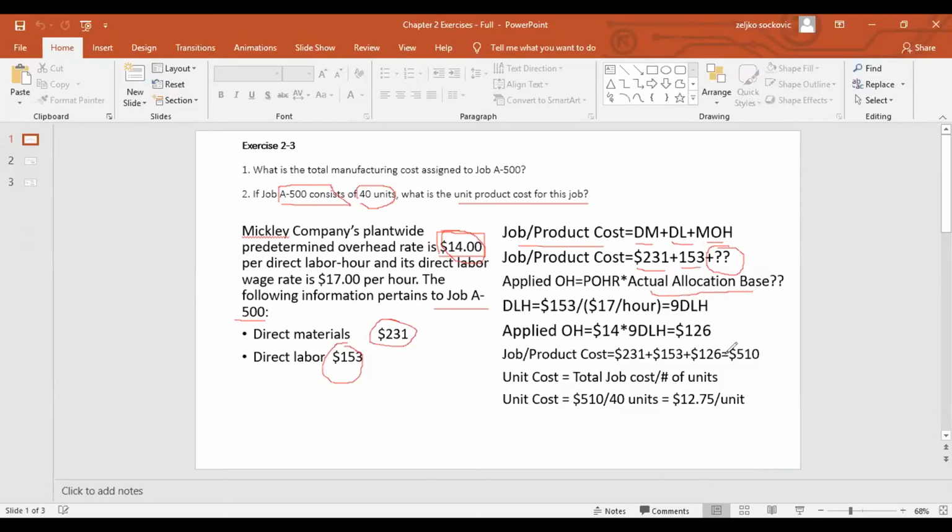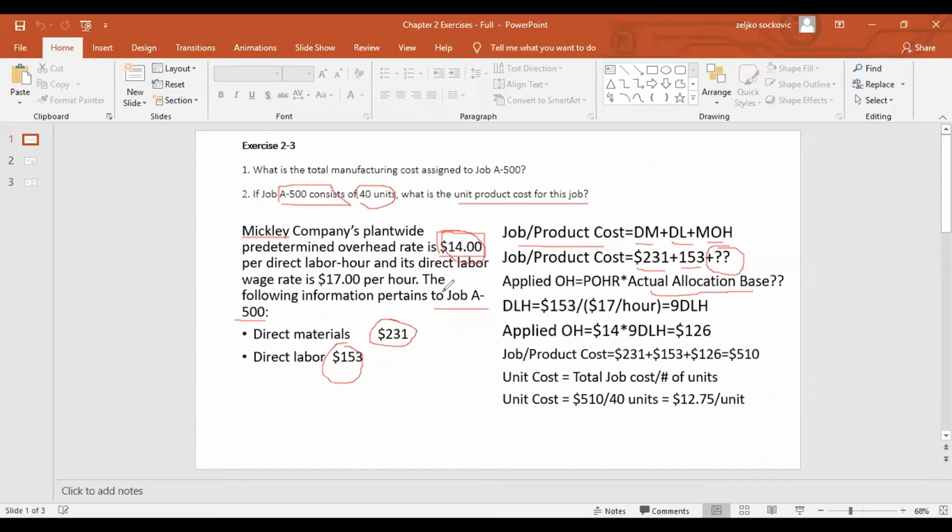What's the allocation base here? Anybody? What's the allocation base? Nobody? Direct labor rate, 17.